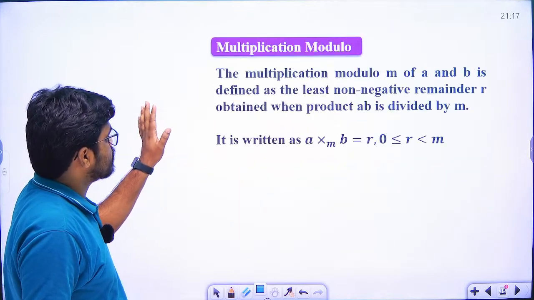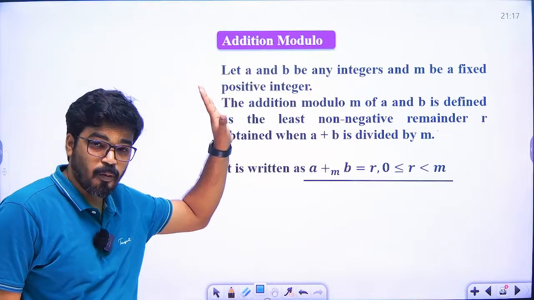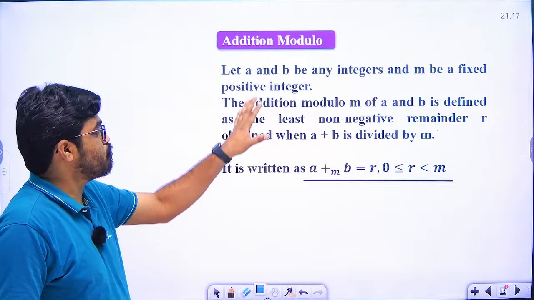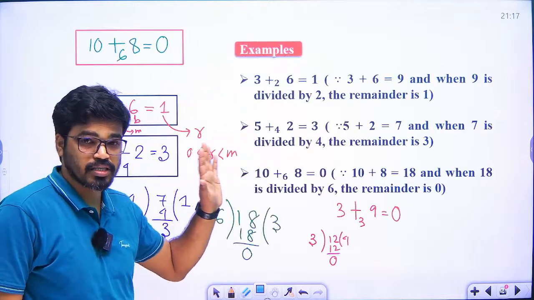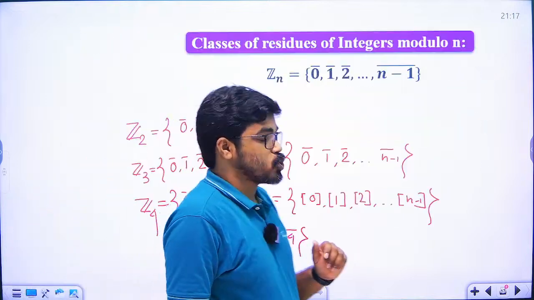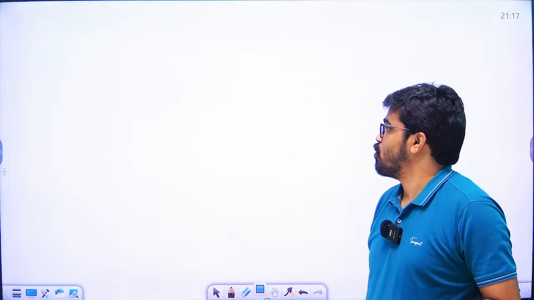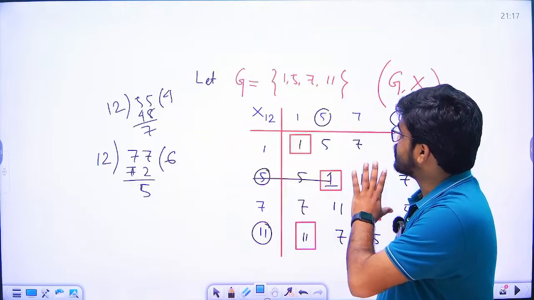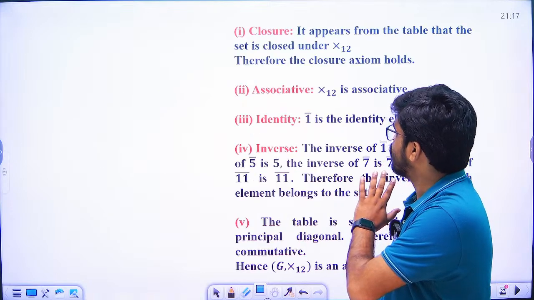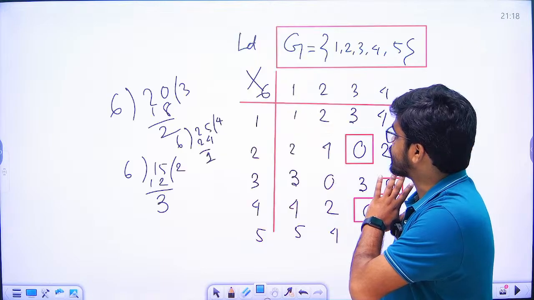What is addition modulo, what is multiplication modulo, with examples I have discussed. These examples are very important for group theory.